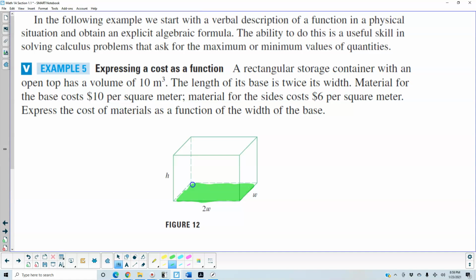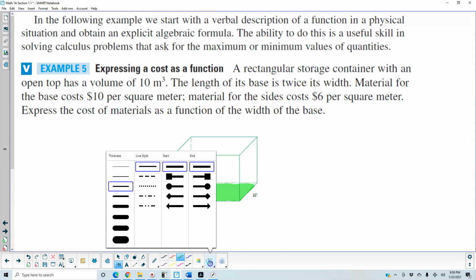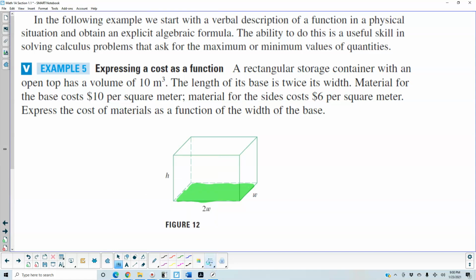So we know that the cost of this is $10. Okay, and then we also know that the material for the sides costs $6 per square meter. So if we take a look at the sides, we have the front, this side, the side in the back, and then this side here.